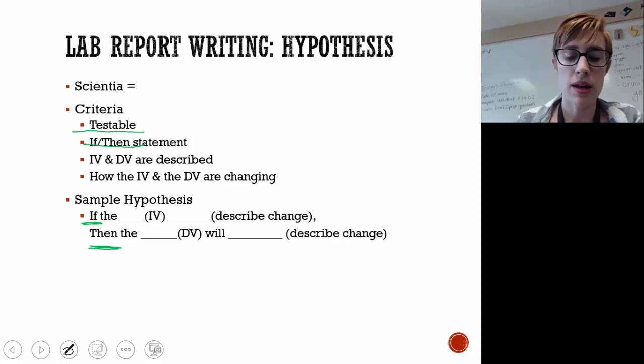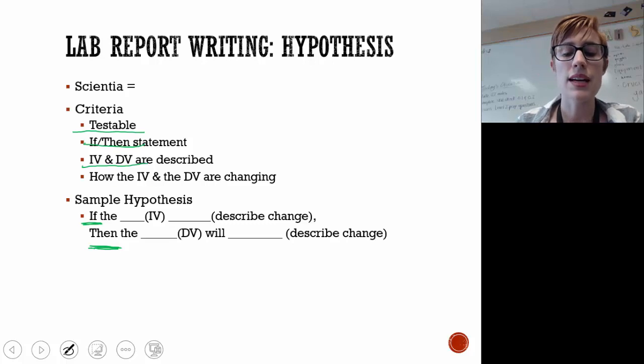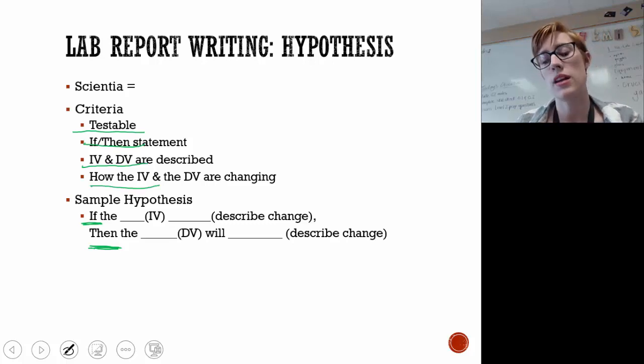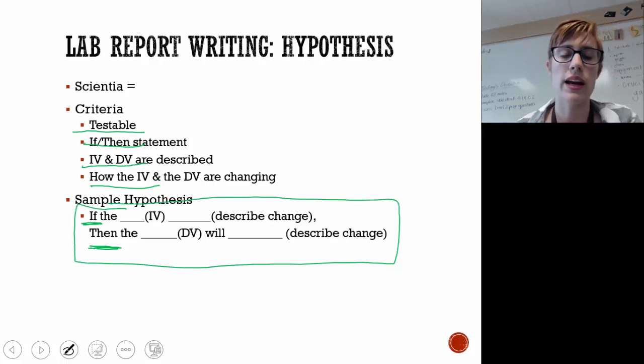So in my hypothesis, I have to say what my independent and my dependent variables are, and then I have to describe them. And then lastly, I have to say how the independent and how the dependent variable are changing. Okay, so this is your sample form for writing a hypothesis.